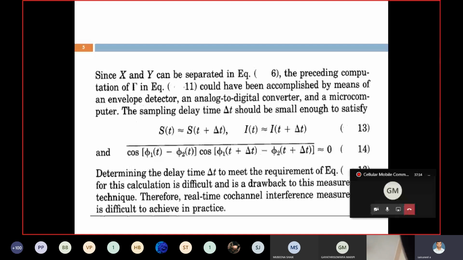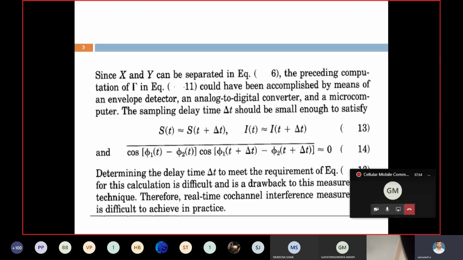For this purpose, we use an envelope detector, an analog to digital converter, and a microcomputer. The microcomputer is used for this calculation of C by I. The microcomputer is nothing but your mobile microcomputer. If the signal is coming in analog form, it is converted from analog to digital form.